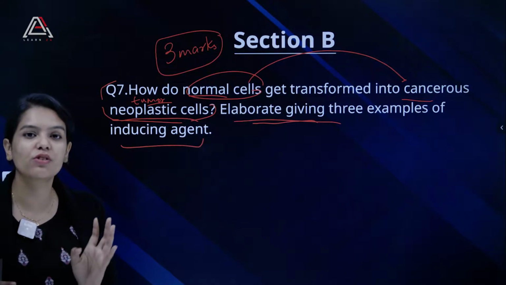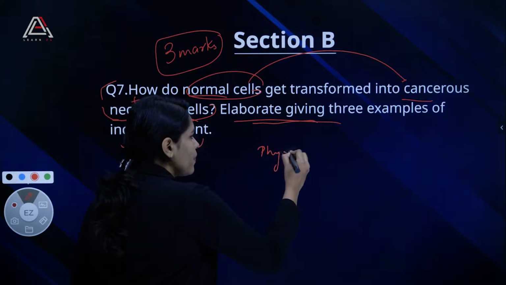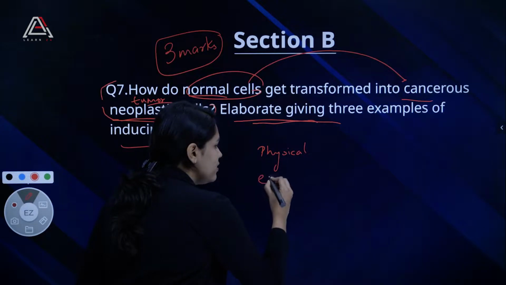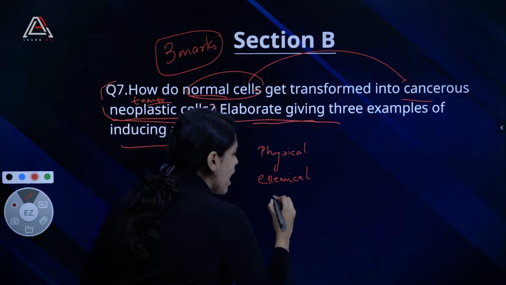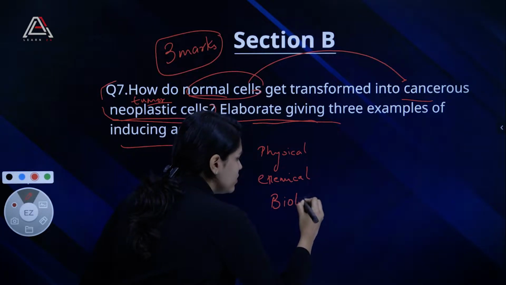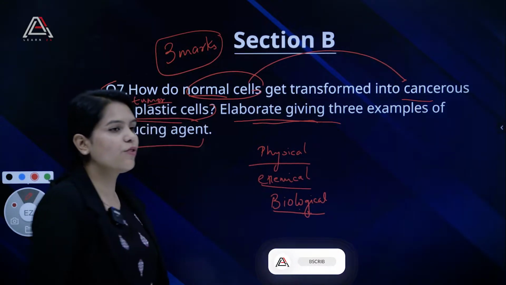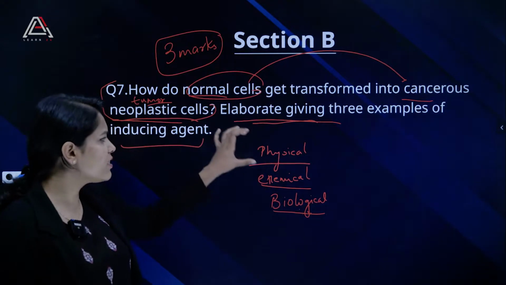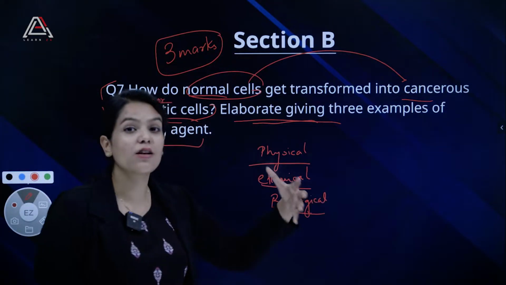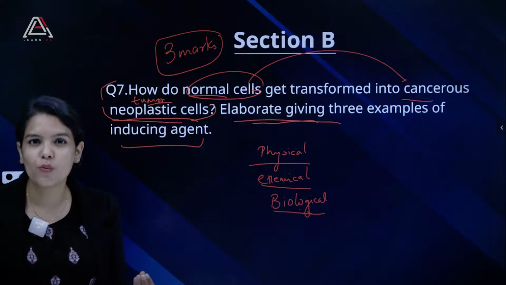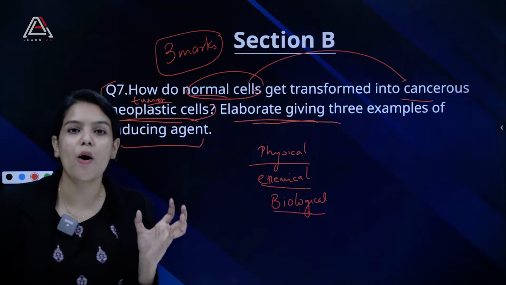So you have to give examples for the physical one, for the chemical one, and one from the biological. Try to give examples from each one of them. For physical you can say X-rays, gamma rays; for chemical you can say the carcinogens from the tobacco smoke; and for the biological you can mention the oncogenes, right?